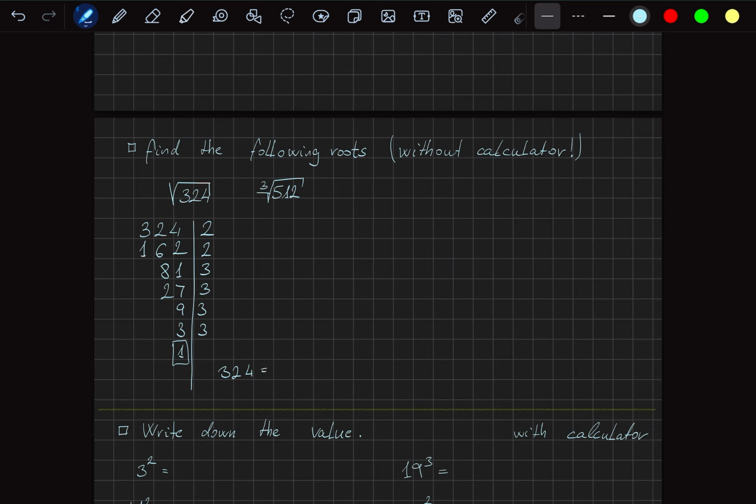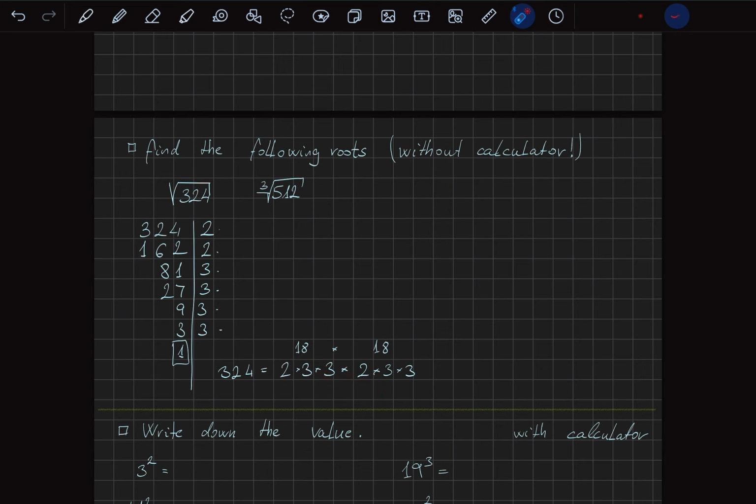So the 324 is equal to 2 times 2 times 3 times 3 times 3 times 3. So I will make the groups. I will just write like this. It's 18 times 18. Okay, so here is an invisible 2. If we can make 2 groups, if we talk about square roots, for cube roots we will make 3 groups.